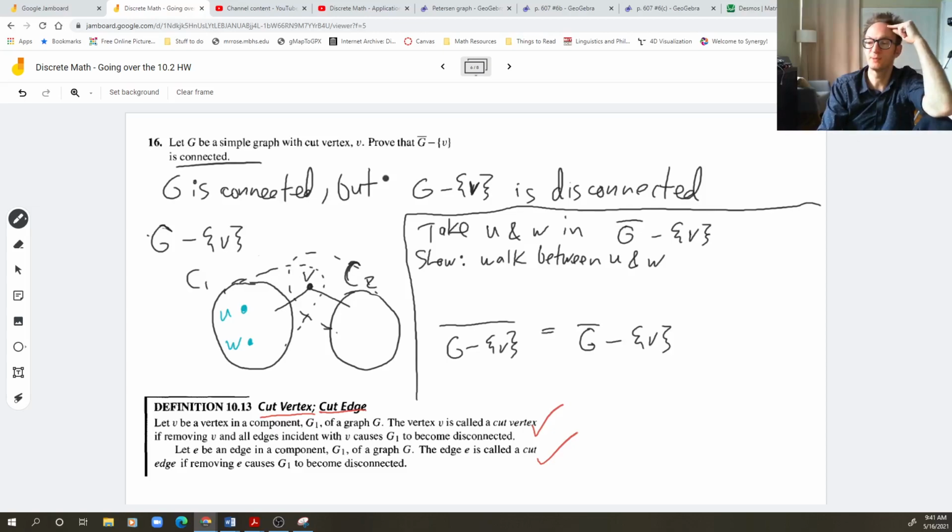So take a graph G and remove vertex V. That removes vertex V and all the edges incident with vertex V. Done. Now take the complement. What is the complement of that?